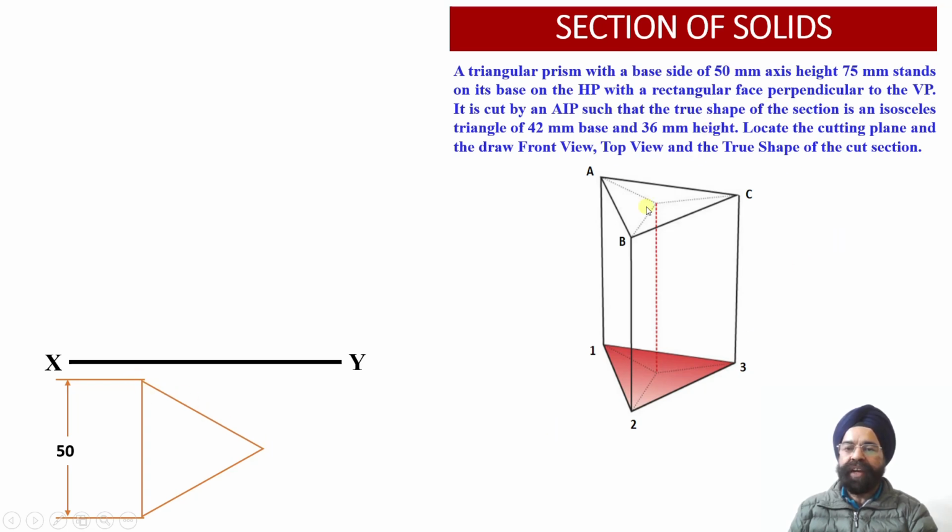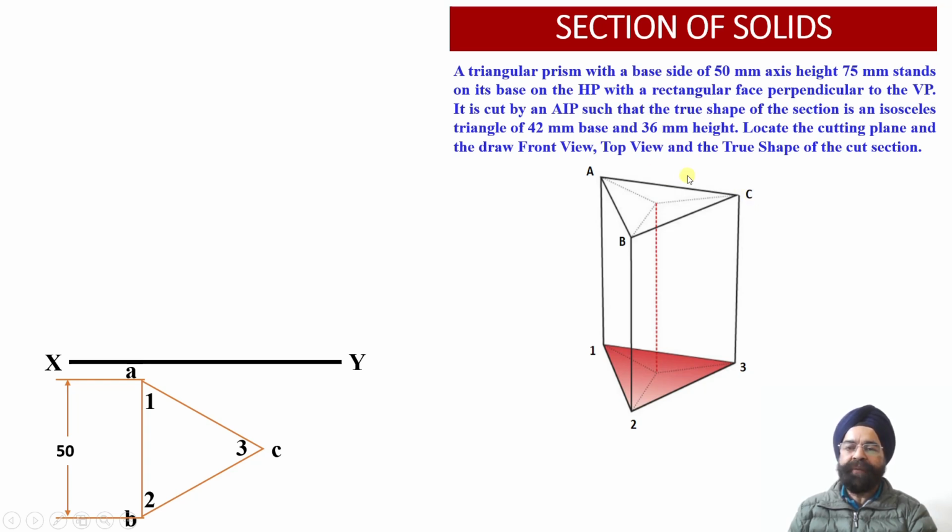As the observer is going to look at this triangular prism from the top, we will be obtaining triangular projections onto the horizontal plane over here. Since points 1, 2 and 3 correspond to the base of this triangular prism, we have marked these points on the inner side of these triangular projections. Similarly, corresponding to the top face, we have got 3 points A, B and C of this triangular prism.